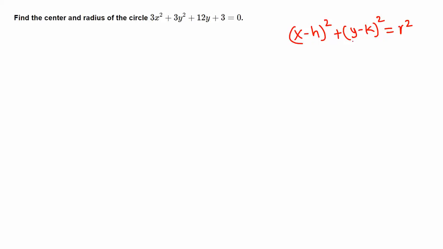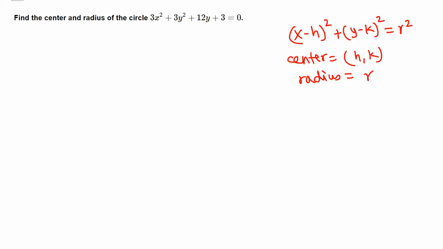When we have an equation like this, this will be an equation of a circle with center at (h, k) and radius r. So we need to write this equation in this form.